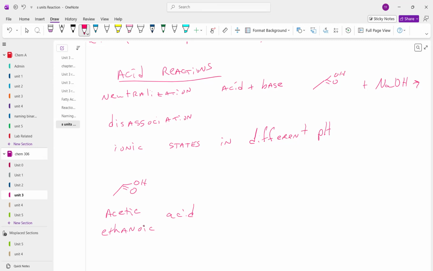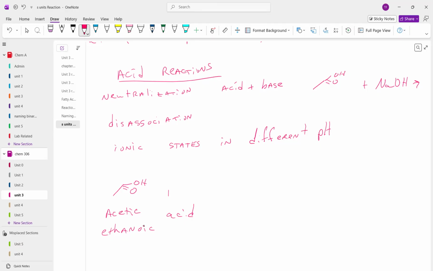Acetic acid is the common name. Vinegar. So dissociation means that this H comes off. The H that's attached to the O comes off, not the other H's. Other H's are very covalently bound and are very stable. The one that's not stable is the one attached to the O.